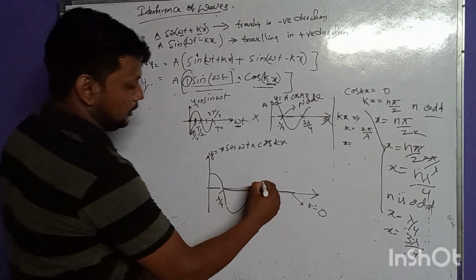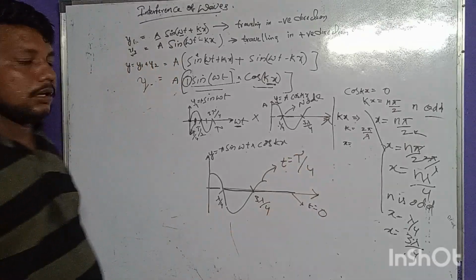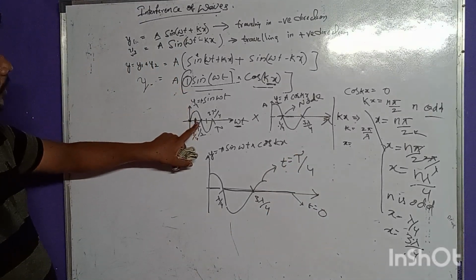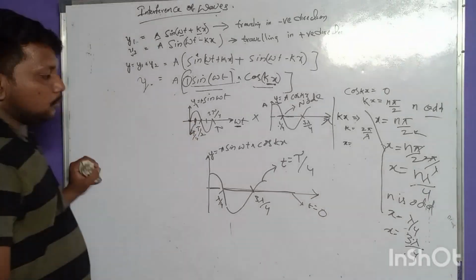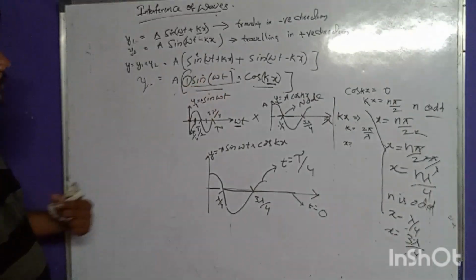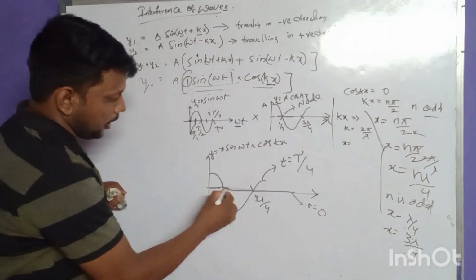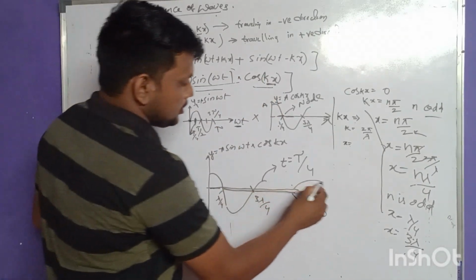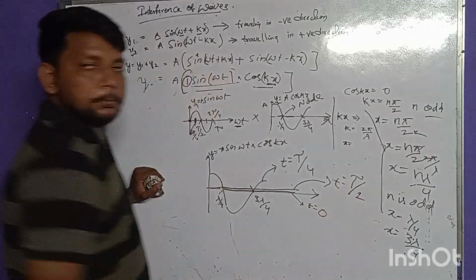This wave is at t is equal to tau by 4. At t is equal to tau by 2, again this wave is 0, right? Again 0 into something is 0, and this is the wave. This is t is equal to tau by 2.